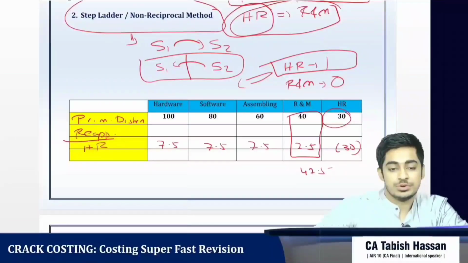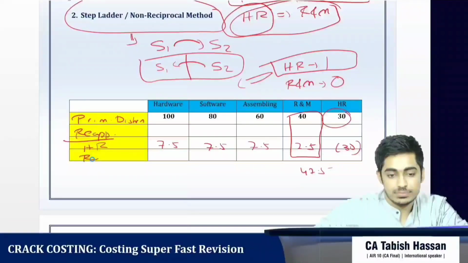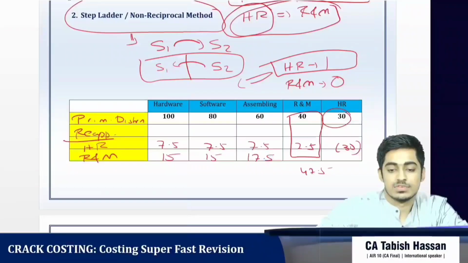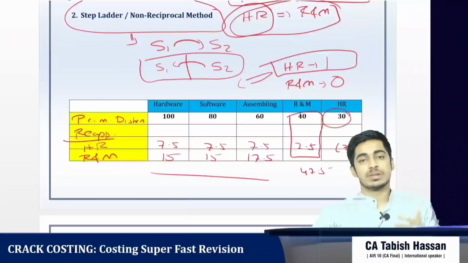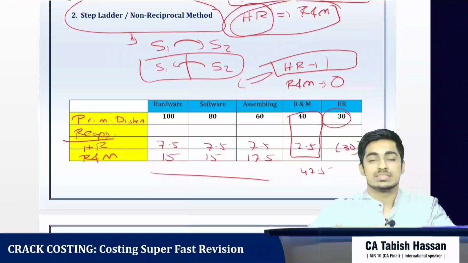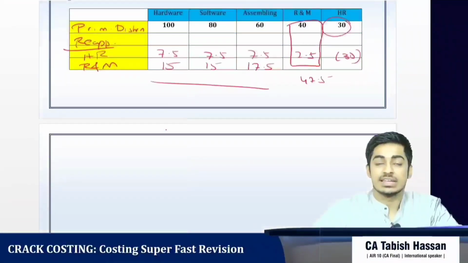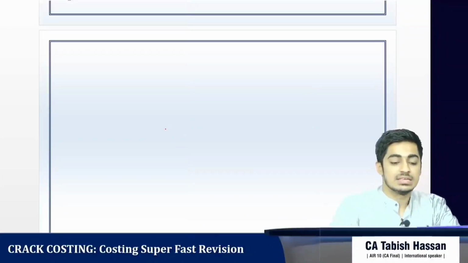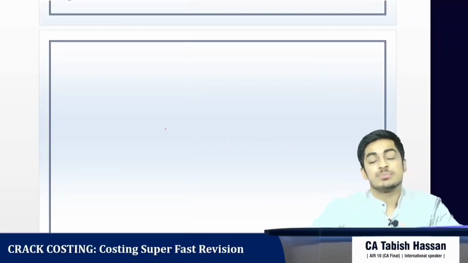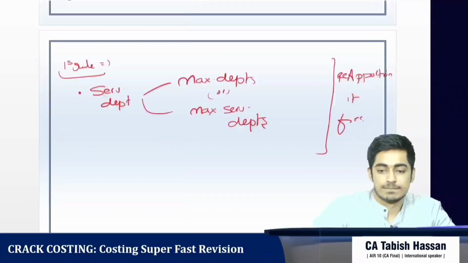We distribute it here, say 15, 15, 17.5. Now we get the total overhead for production department. We take a suitable basis, get the overhead recovery rate, charge it and get the overhead per cost object. This is the stepladder or non-reciprocal method.